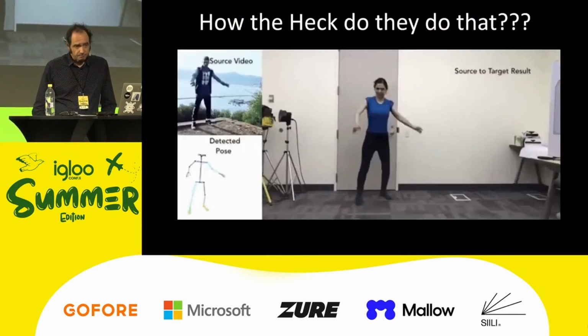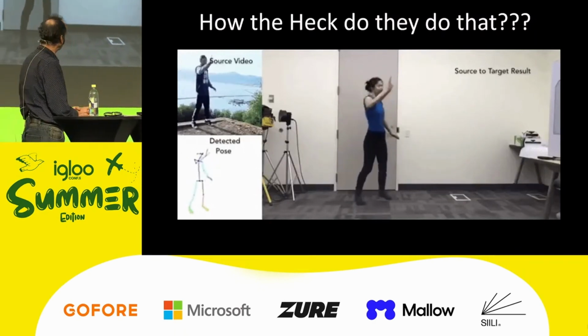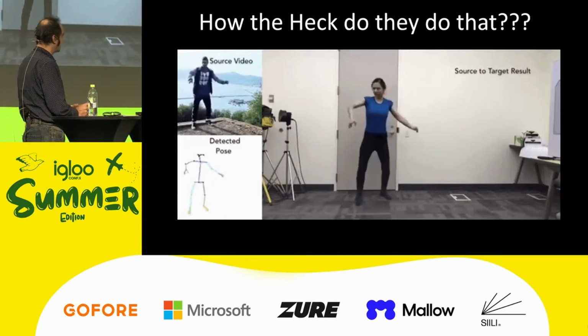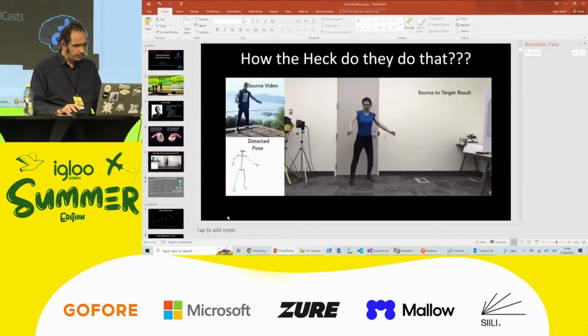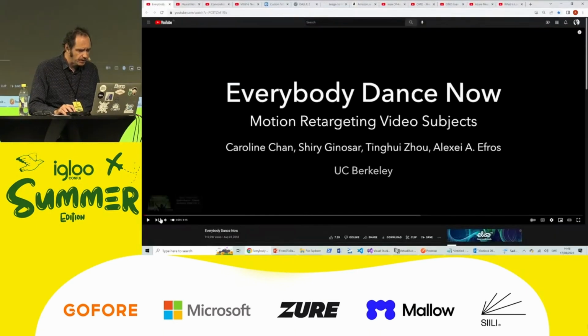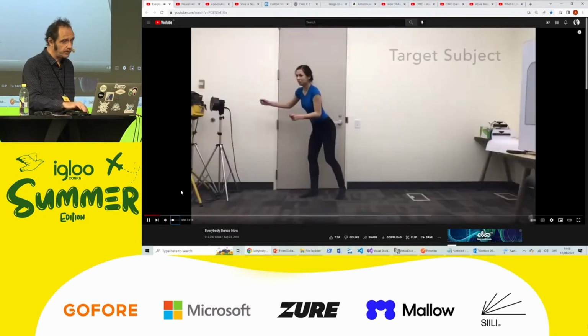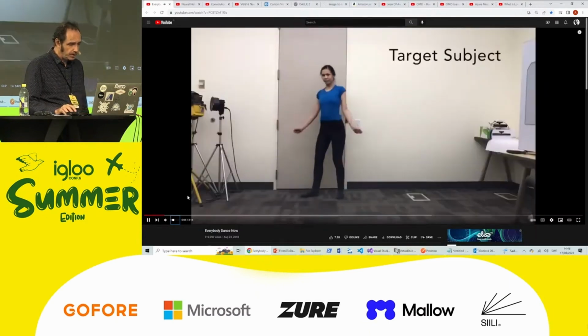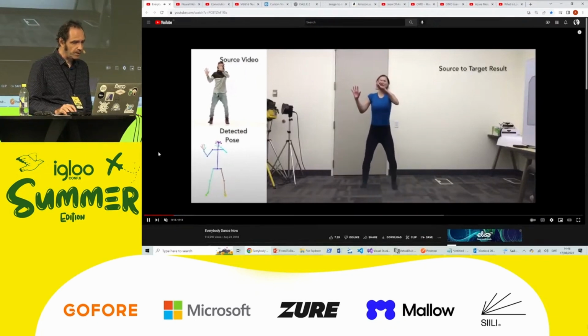So this popped up on my YouTube feed a couple of years ago, and it really impressed me how they can create this type of AI. I can actually drop to the YouTube video. What they're doing is starting with a professional dancer and sampling the pose from that dancer. So that's the source subject, who is a professional dancer. You then have a target subject that you can perform the movement mapping to.